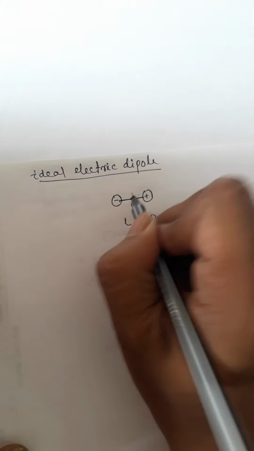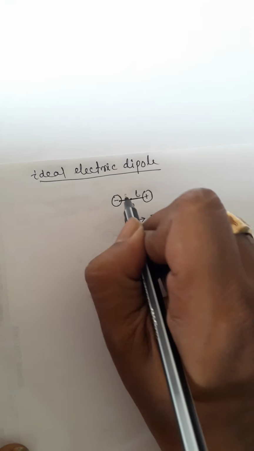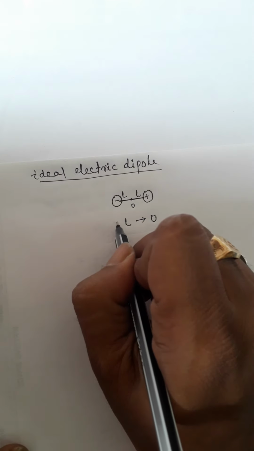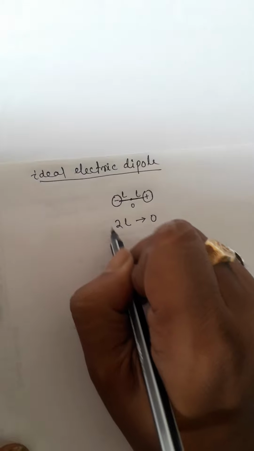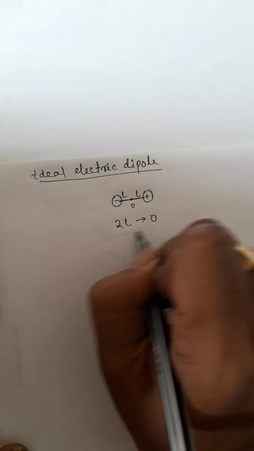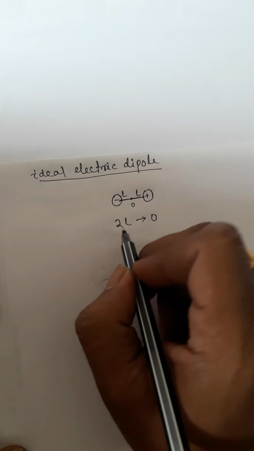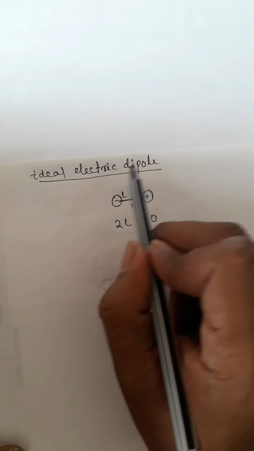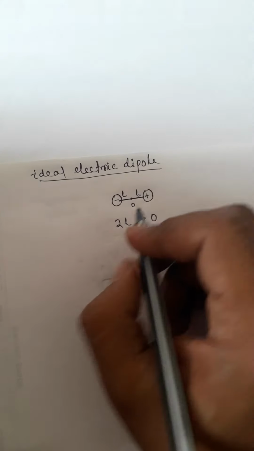If this is the center, this distance is L, this distance is L, the total distance is 2L. If the separation 2L tends to 0, then only we can say this dipole is an ideal electric dipole.